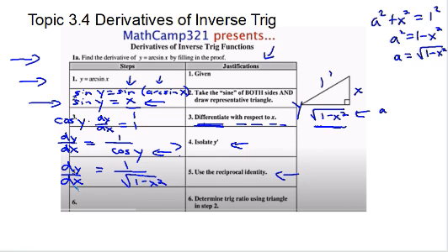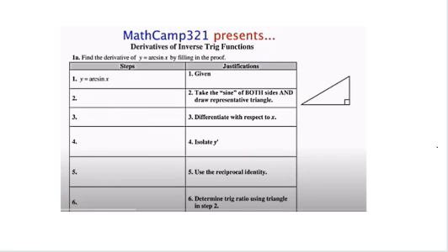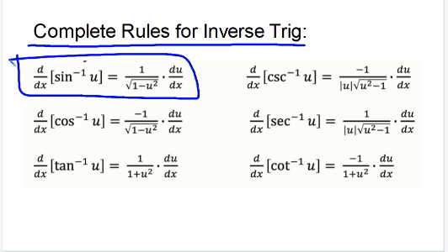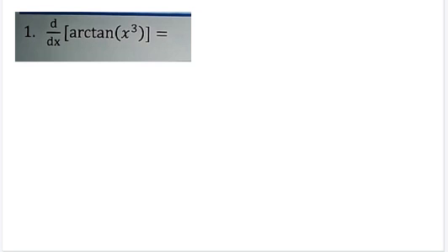That is the derivative of the arc sine of x. And if you look at this list of formulas that I gave you, right here, you will see that formula. All right? And so literally, we could work through any of these using this method to come up with our formula.